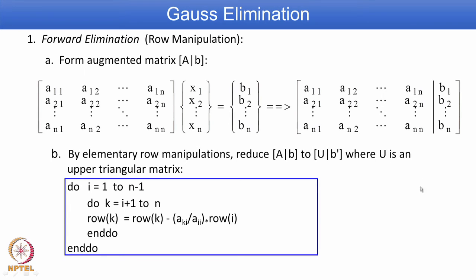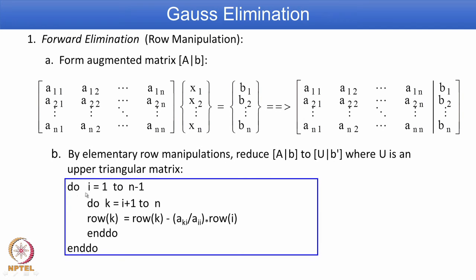Now we perform elementary row manipulation to reduce that augmented matrix to the upper triangular matrix U, and every time you get a new value for B also. What is shown here is a skeleton of the program used to perform this operation.